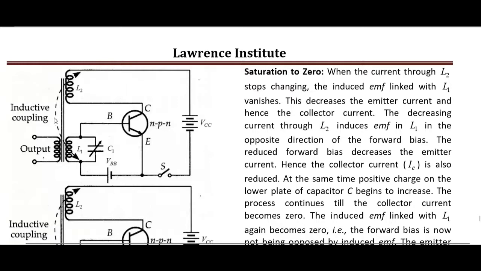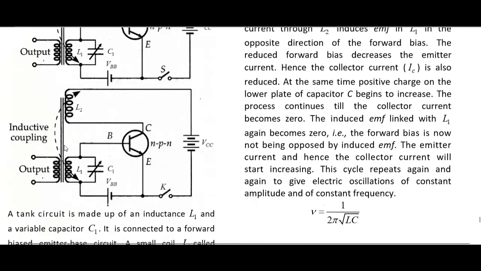This is coupled with this, so some part of the output is fed back to the LC circuit through this inductive coupling. So what happens? This stops the input from falling, or this makes the input undamped. If the input is undamped, then the output will be undamped.